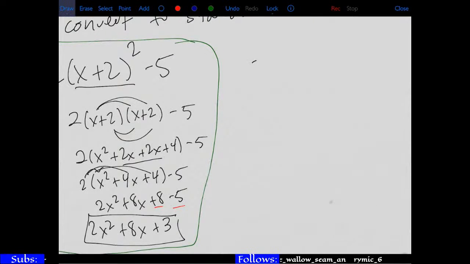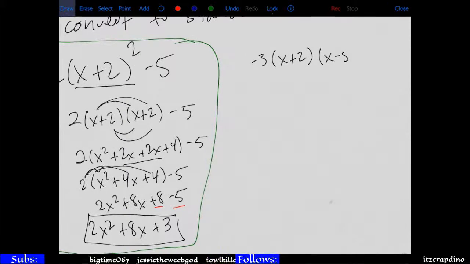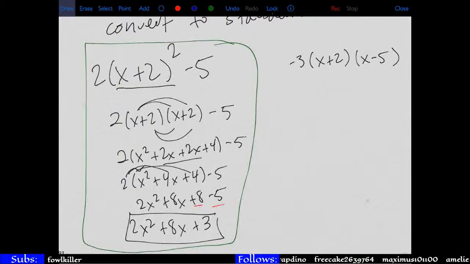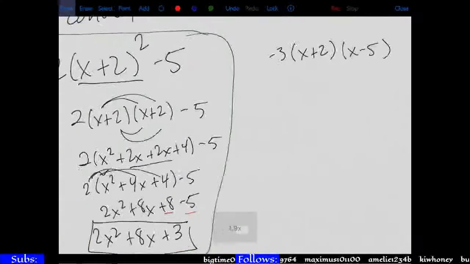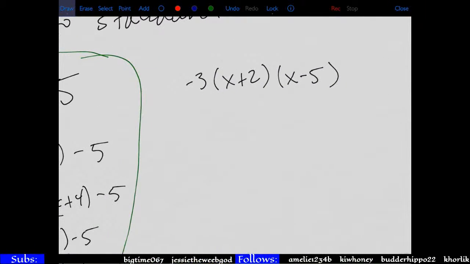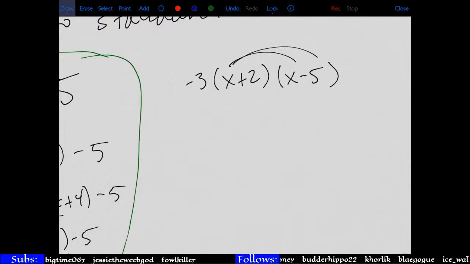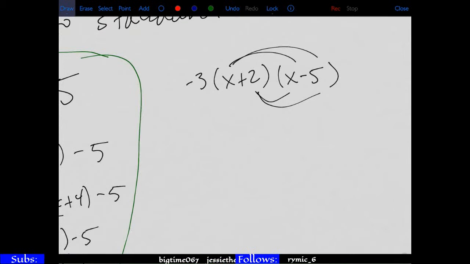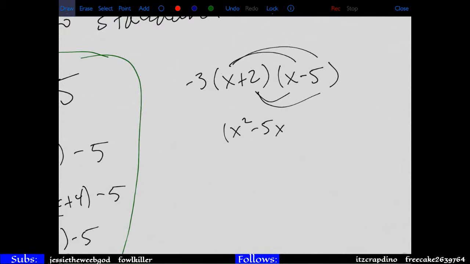Let's say I start with negative 3 times x plus 2 times x minus 5. Same thing here as we just did with vertex. The only difference is we don't have that negative 5 at the end, pretty much. So we're just going to distribute the parentheses first, the x and the 2 into the other parentheses. So x times x is x squared. x times negative 5 is negative 5x. 2 times x is 2x. 2 times negative 5 is negative 10.